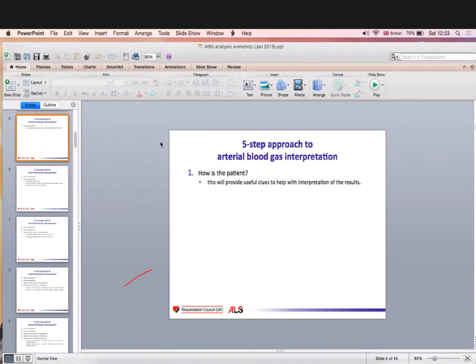Then we discussed the anatomy of a blood gas, starting from pH, PCO2, PO2, then bicarb, base excess, lactate, then electrolytes. Then we discussed the 5-step approach to the ABG, starting from how is the oxygenation, the carbon dioxide, then the metabolic component. Then we discussed the case about this head injury patient who is having a high CO2.